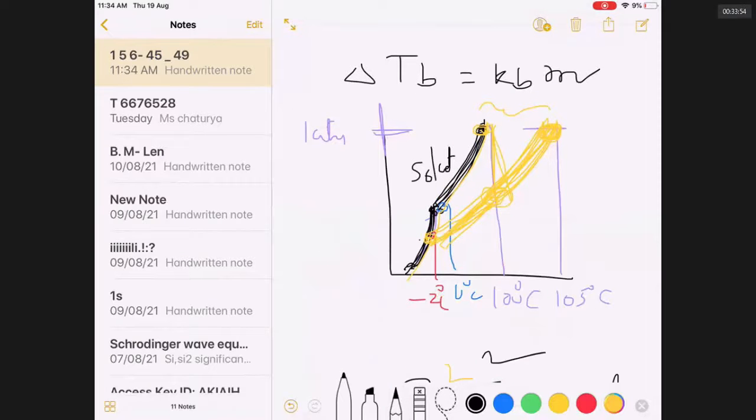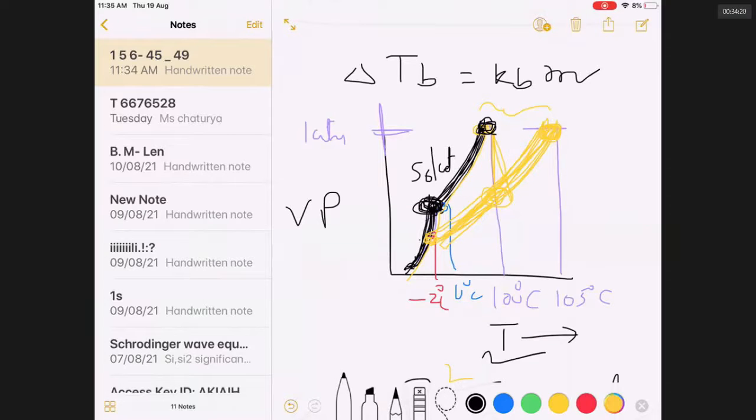Now you want to plot the vapor pressure of a liquid against temperature. If you are raising the temperature, the solid's vapor pressure sharply increases. At this point, the solid melts into liquid, say ice melts into water, and then its vapor pressure will increase. At this 100 degrees centigrade, the vapor pressure of pure water is equal to 1 atmosphere.